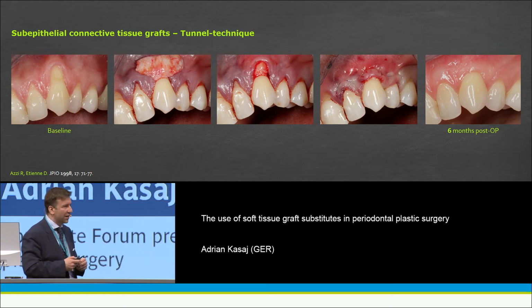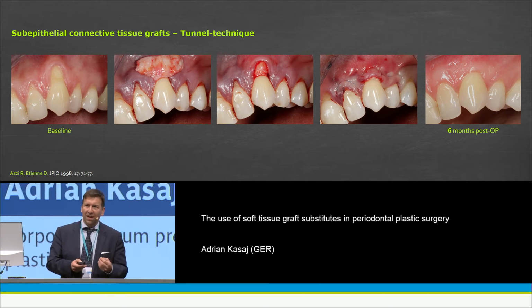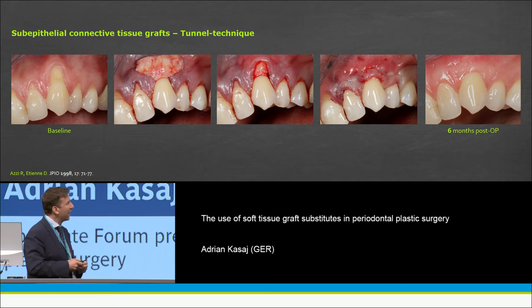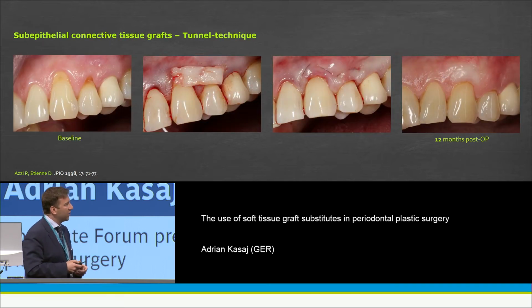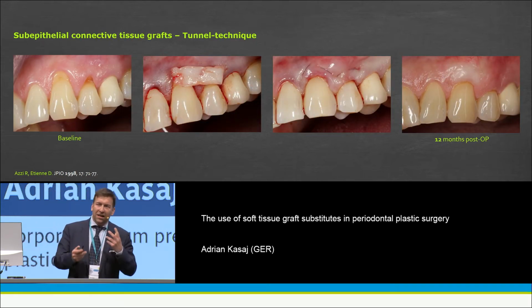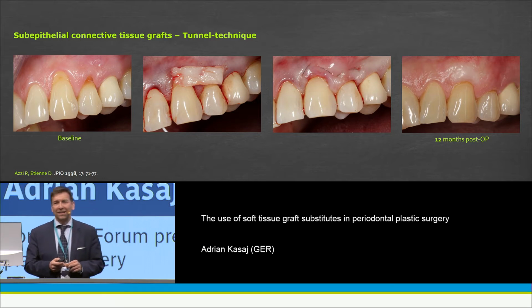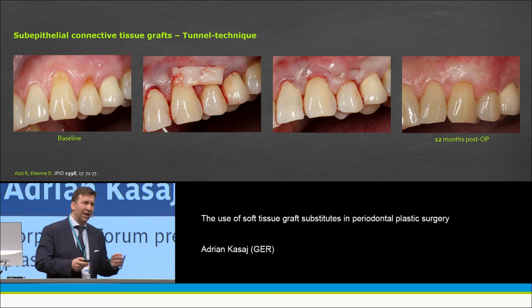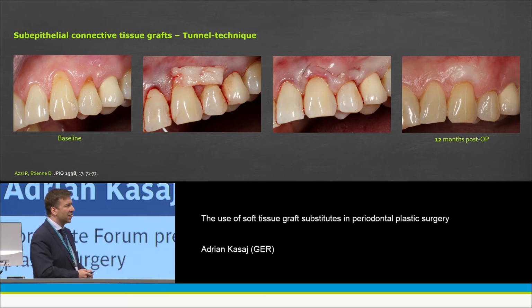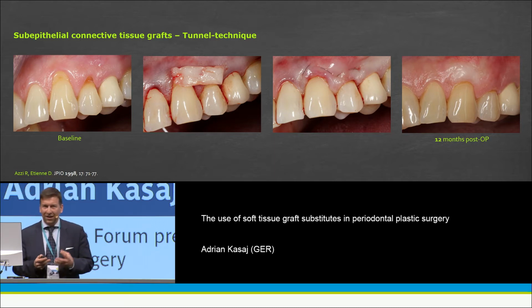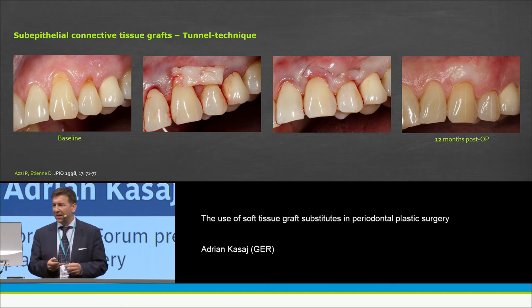So you see, this is definitely the benefit when using autogenous connective tissue grafts. This has become a standard when it comes to the treatment of multiple gingival recessions, that we use some kind of tunneling approach. Also in this case, multiple recessions in the second quadrant, the whole area was tunneled and the interdental tissue also mobilized.